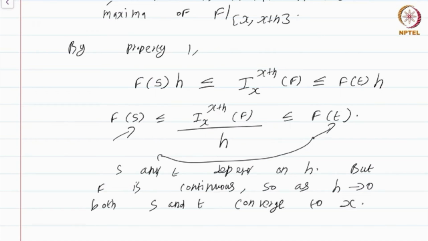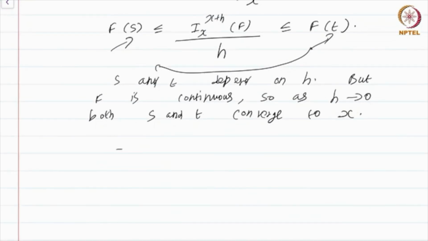You have x plus h, and you have chosen the points s and t somewhere in this interval. As x plus h converges to x, these points s and t will have to go to x, and this just follows by continuity of the function f. This is the place where we have used the continuity crucially.